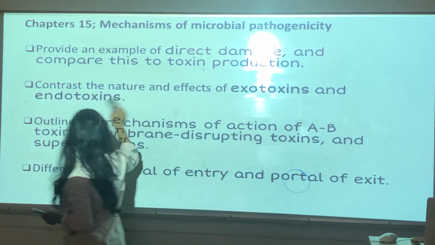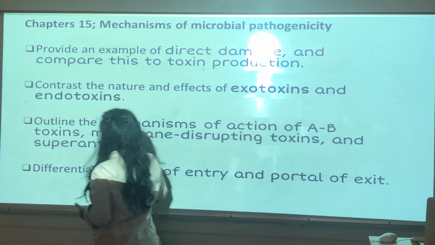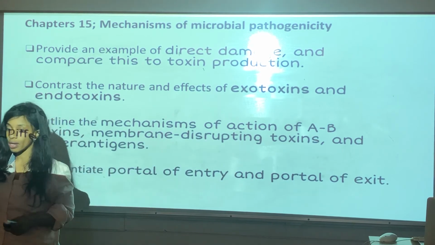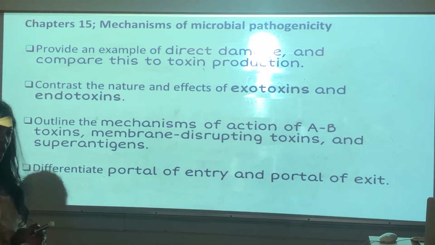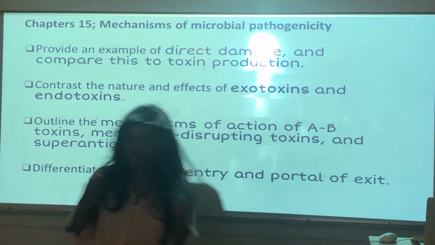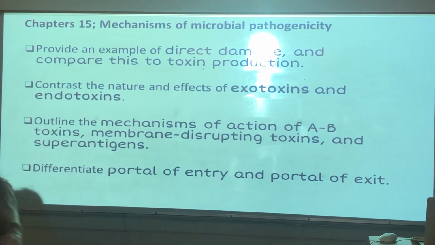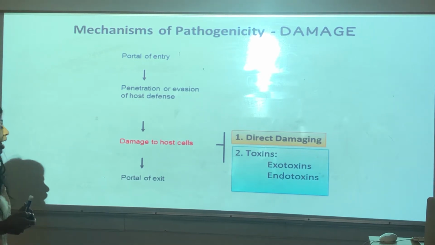So now these microorganisms have gone past the immune system, right? All the immune system defenses, they have gotten past. They've already passed the skin, the mucous membrane, the phagocytes. They escape and they dodge and they dodge, and the antibodies, they got past, and now they can cause damage, all right? So I separate this into direct damage, and then we have toxins, all right?